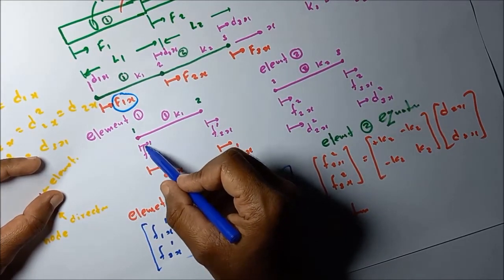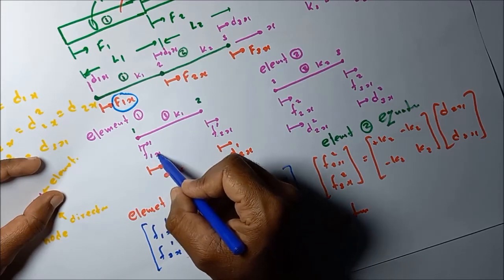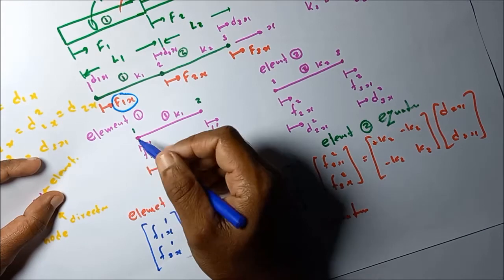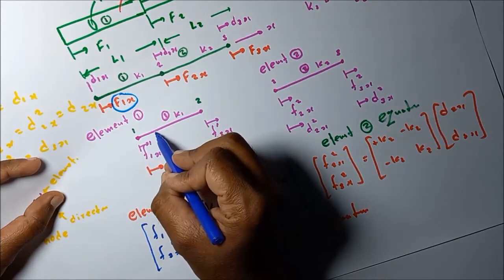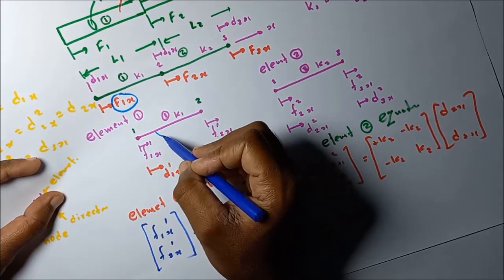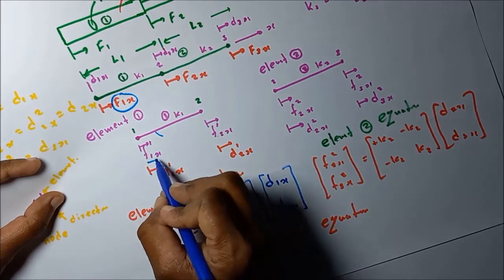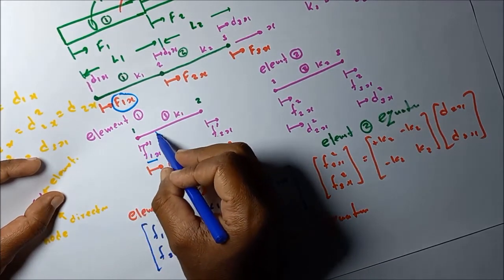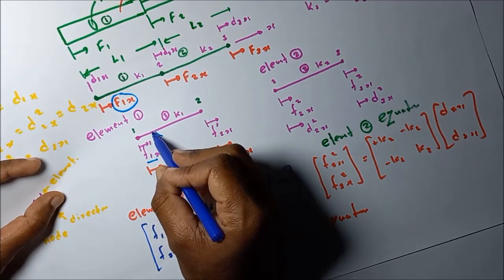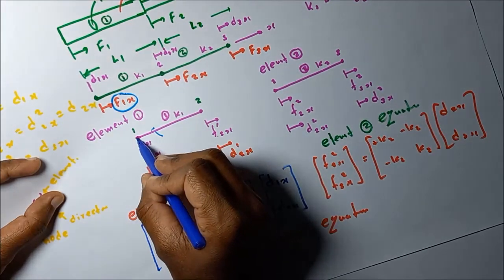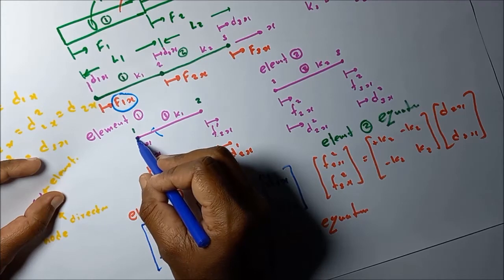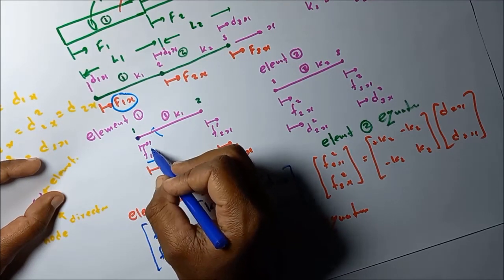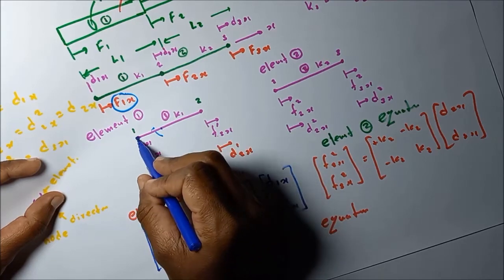Here we represent F1x1, which is the force acting on the line from the node.